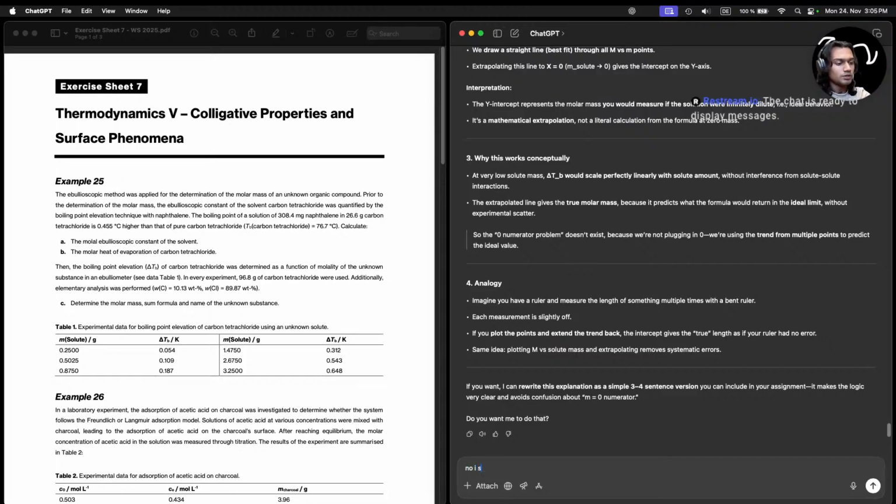No, I still don't understand how you got a value after considering the solvent, the solute, resulting in the actual.